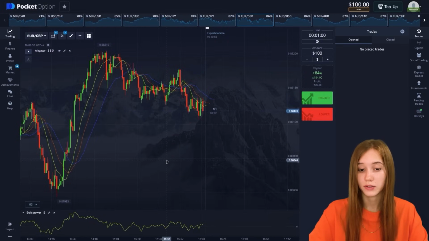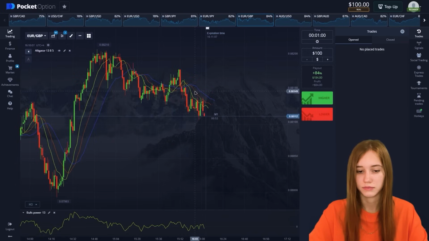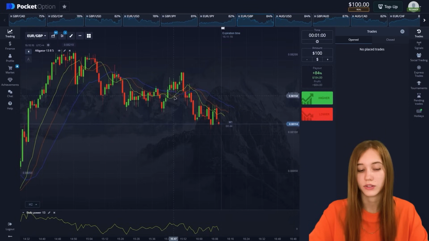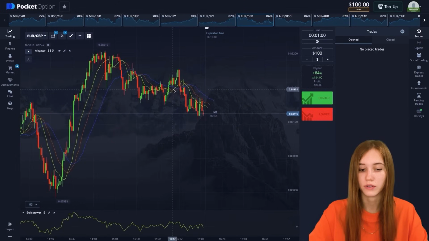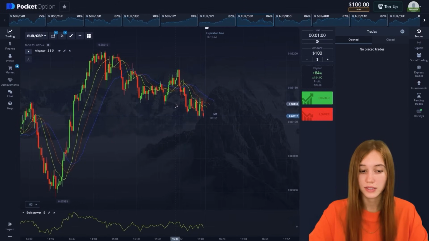And some people also ask why there's a red line. This is an average line. It shows the first signals that there may be a trend change.